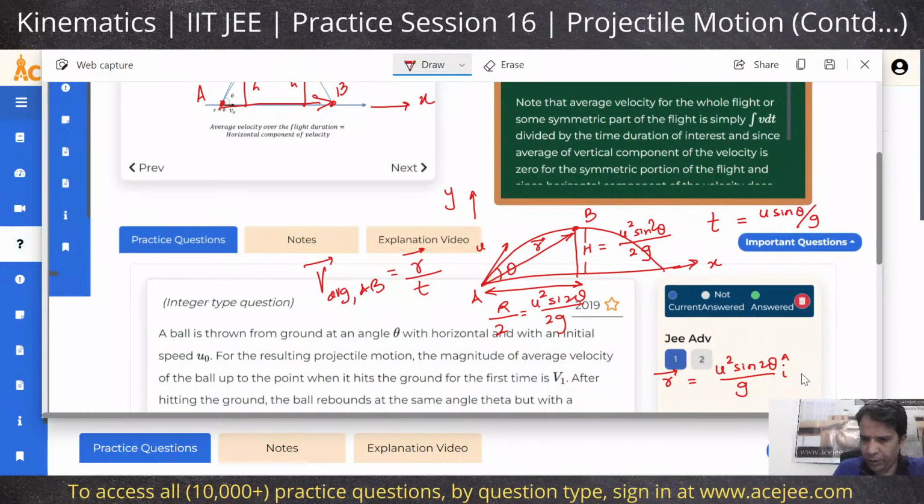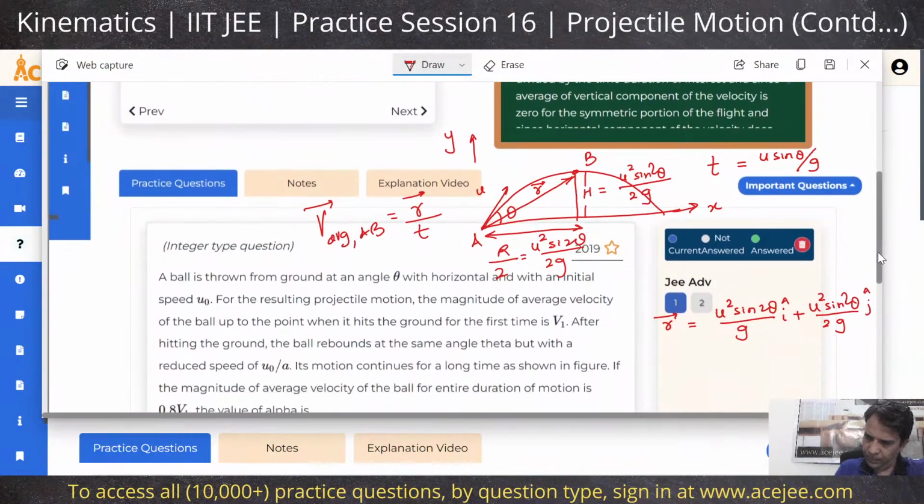Were you guys able to make some progress there? So u cos theta by 2 i cap and u sin theta by 2 j cap.